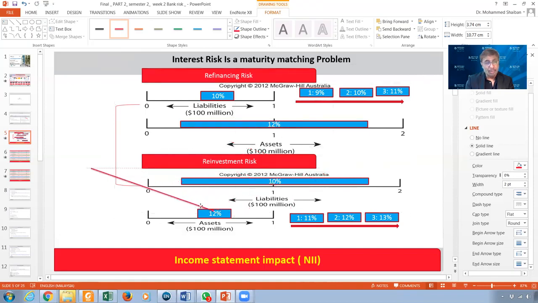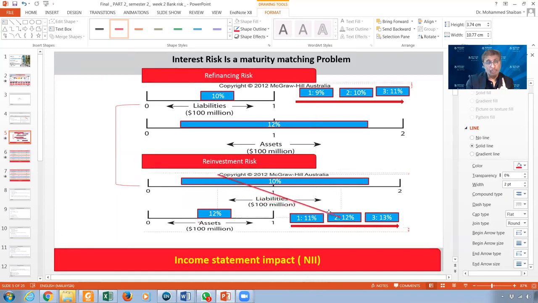The borrower will give me only 12% in the first year. In the second year, we will have new terms and conditions, which means the rate could be 11%. Now, 11% is a problem. Why? Because I used to have 12%, now it's 11%, which means there will be a 1% decrease in my net interest income. I'm still gaining, but there is a 1% drop from this year to this year.